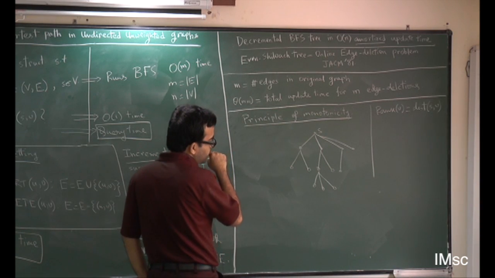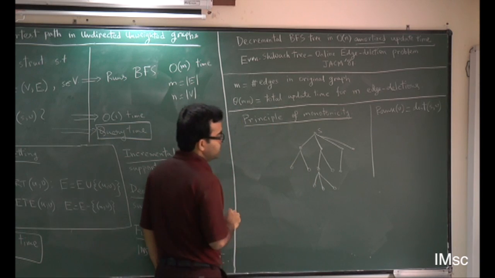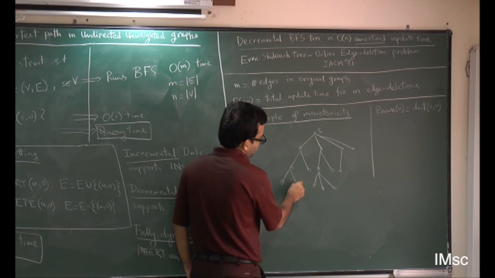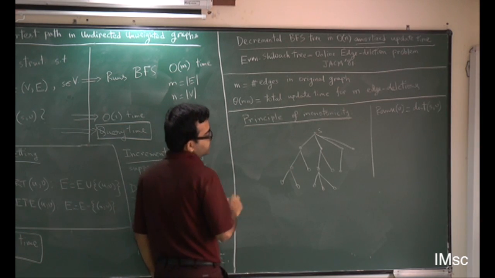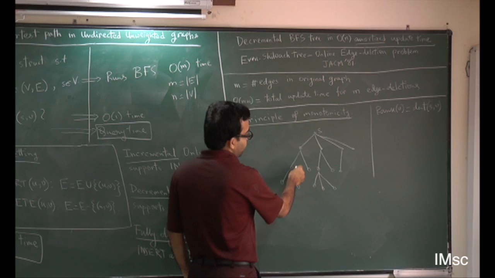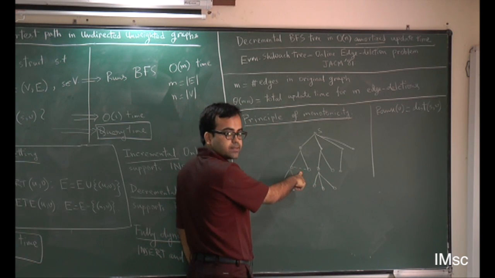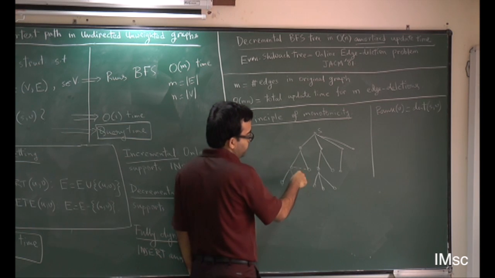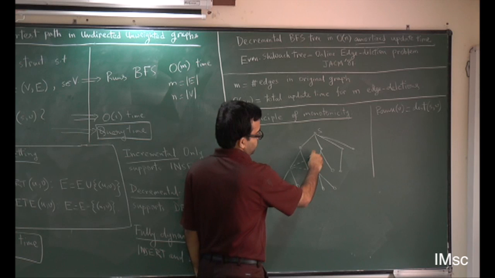In a BFS tree you have a nice property that a non-tree edge, that is not part of the tree, can either be between two nodes that are in the same level like this, or it can only be between two nodes whose levels differ by 1.